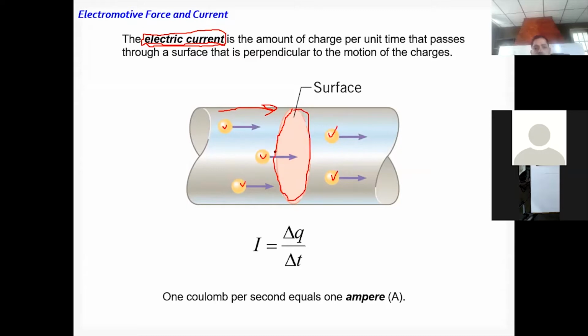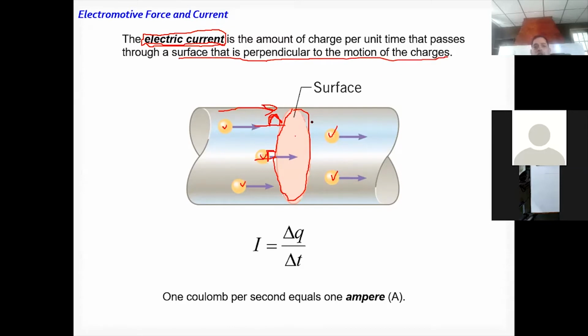This angle is 90, and similarly this angle is 90 here. So if this surface is perpendicular, that's important. A surface that is perpendicular to the motion of charge.